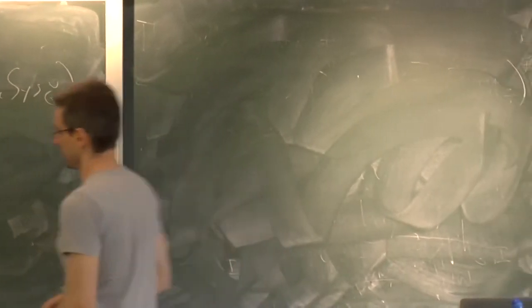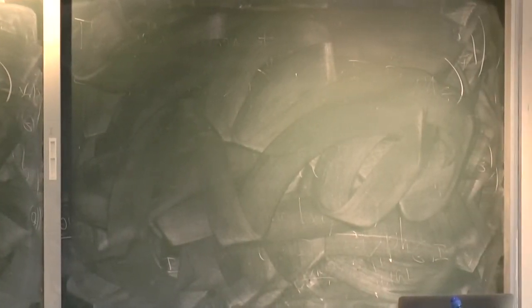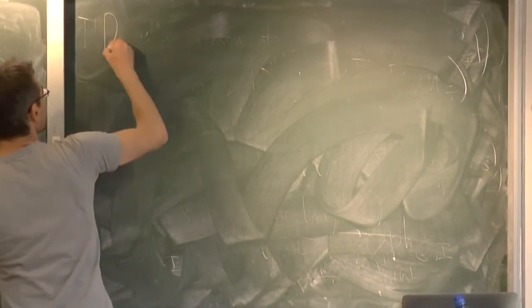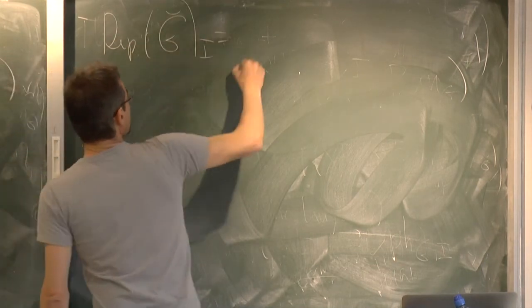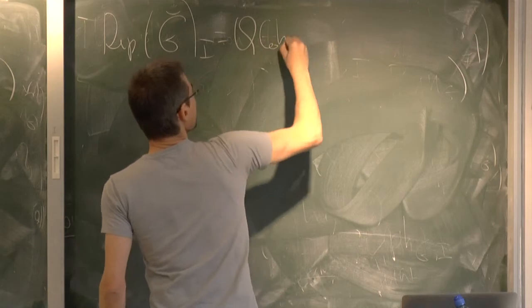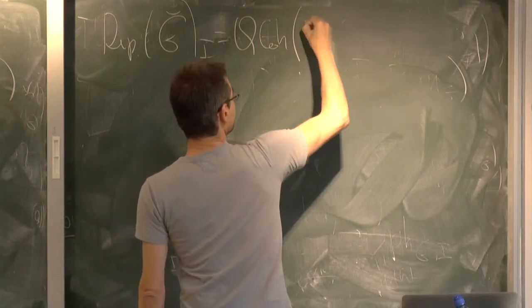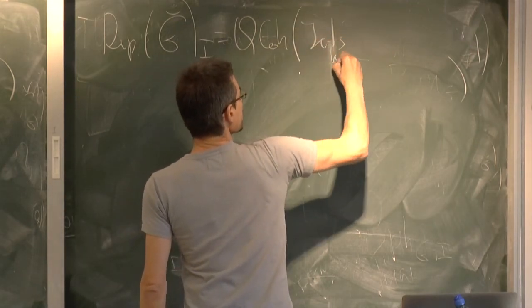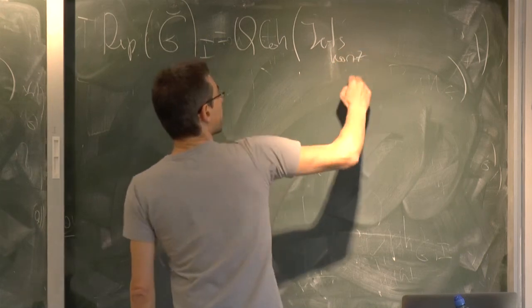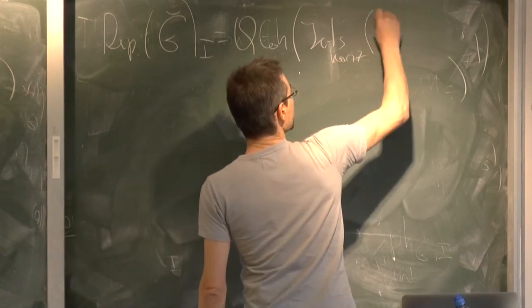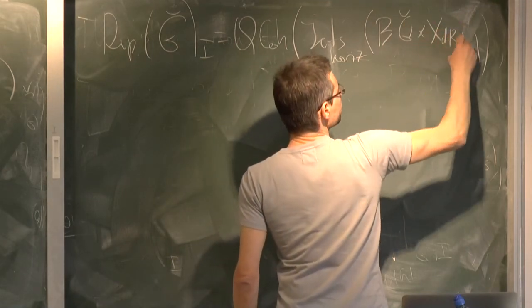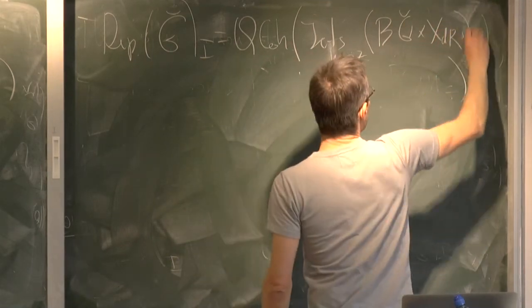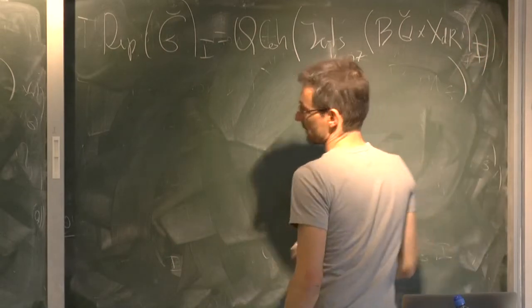So in general, let's recall again that this functor is QCoh of jets horizontal, BG check times X de Rham^I.